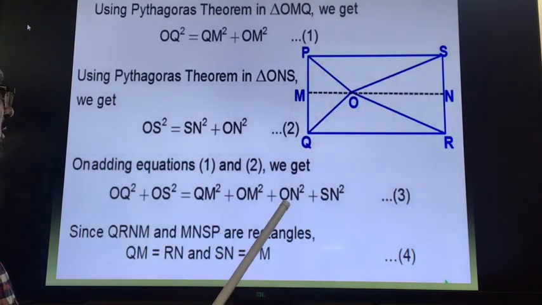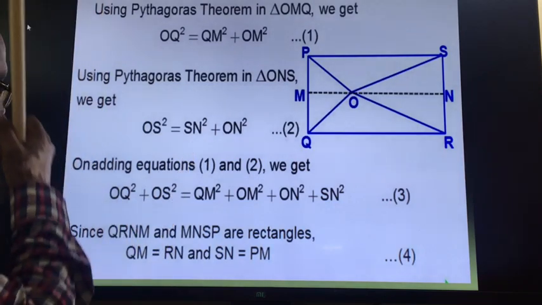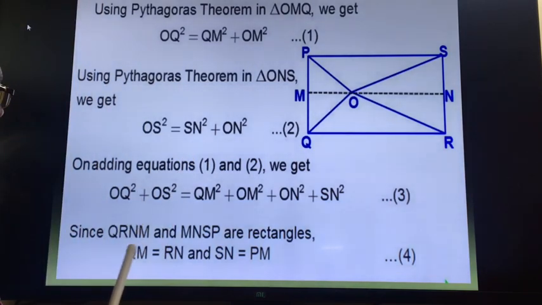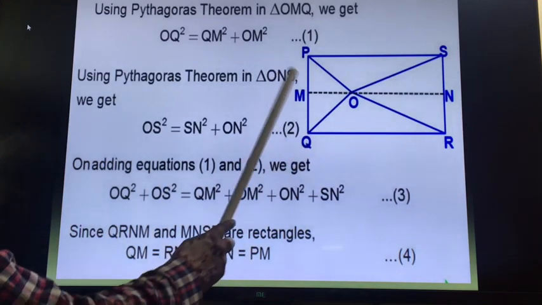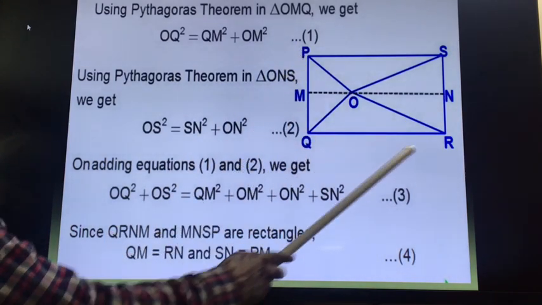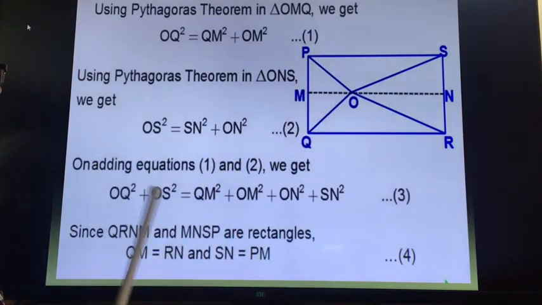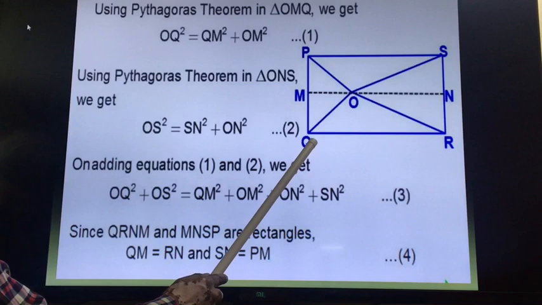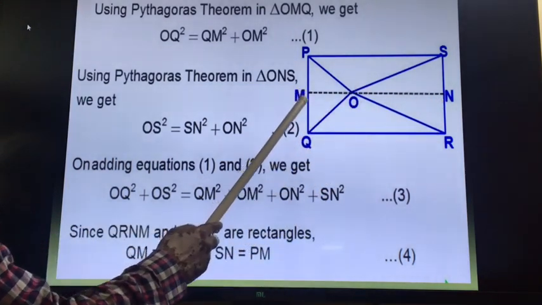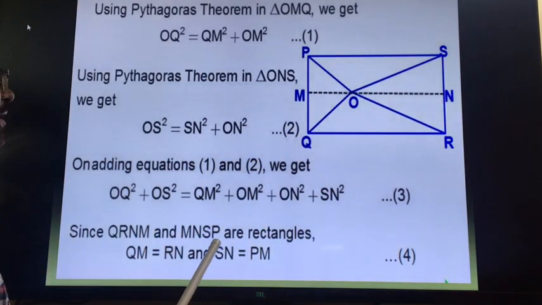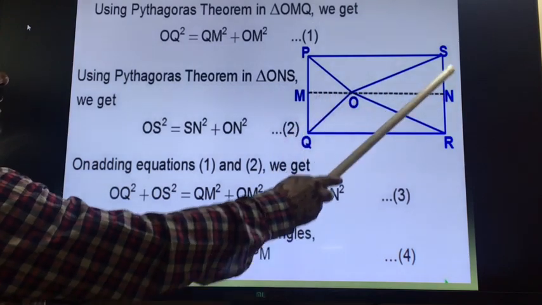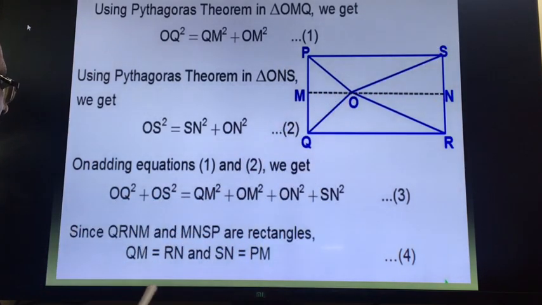After this, we can rearrange. It is already given that PQRS is a rectangle. So similarly QRNM will be a rectangle, and MNSP will also be a rectangle.